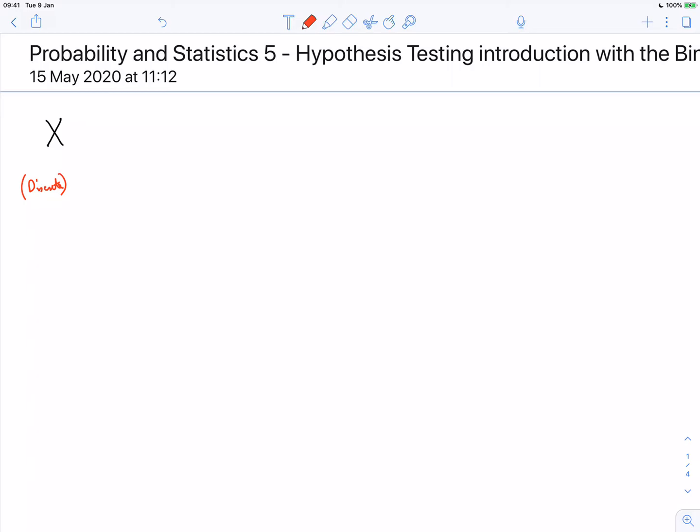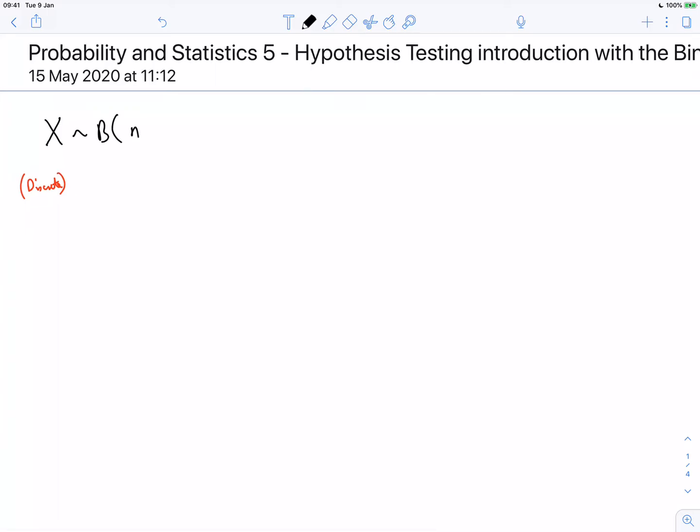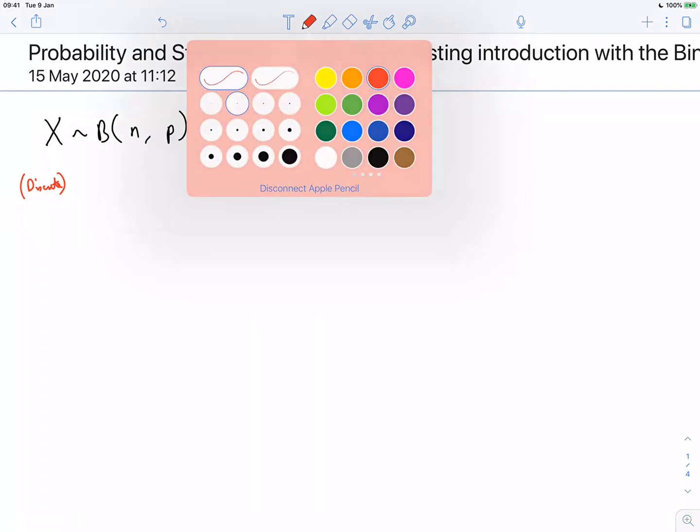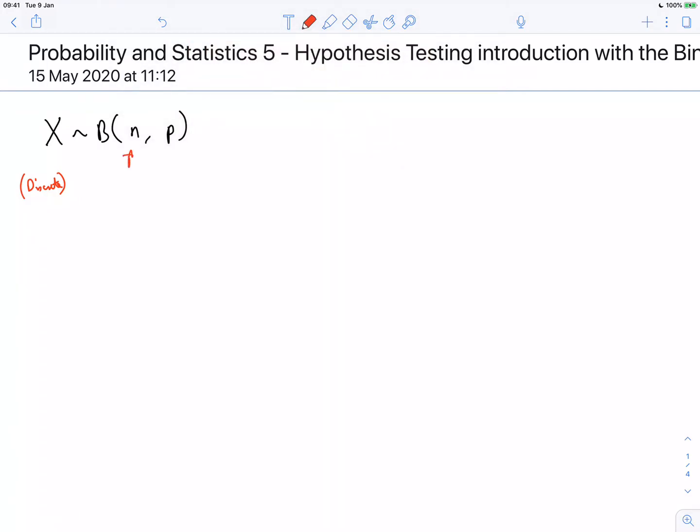You can't have a continuous spectrum of results. We'd say that this random variable is binomially distributed, with n being the number of trials and p being the probability of success. These are the only two parameters.